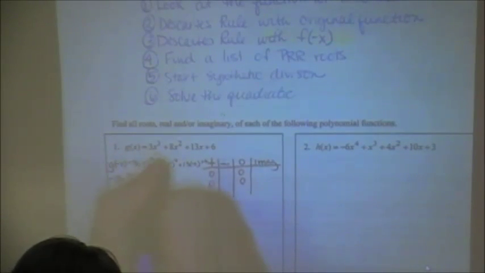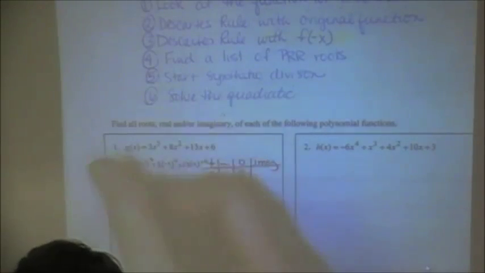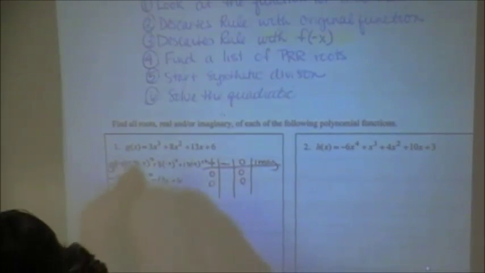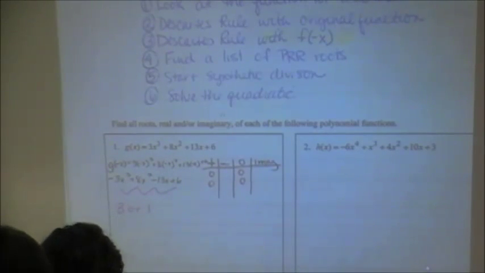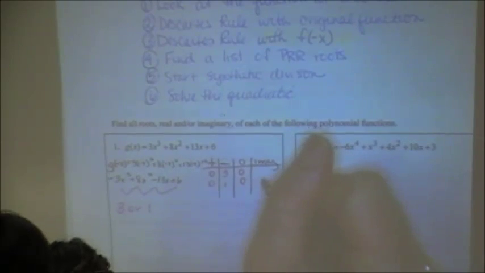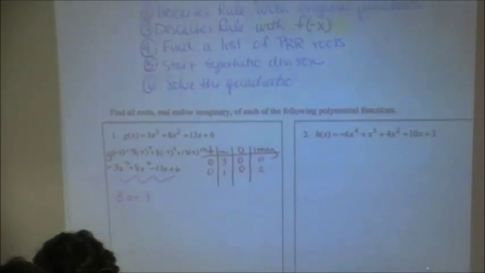Okay, so let's see. On negatives, so 3 or 1, which means I might potentially have 2 imaginary.